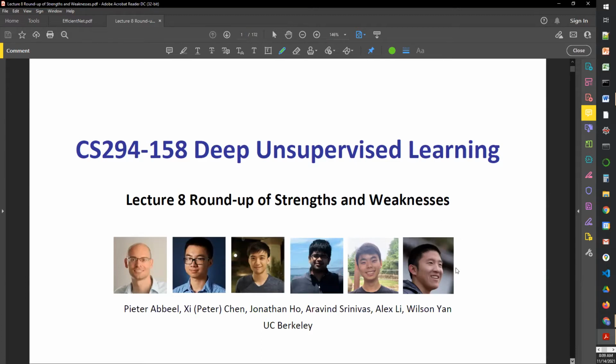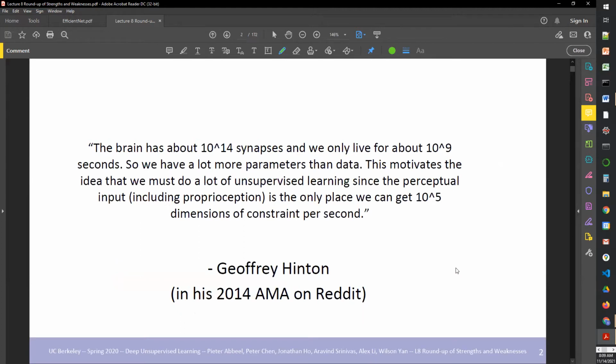But before we do that, an interesting setup comment by Geoff Hinton about how many synapses we actually have in the brain, and on average, how long a human being lives.